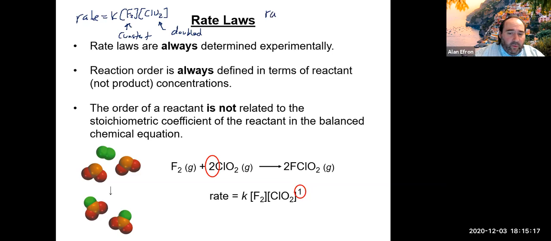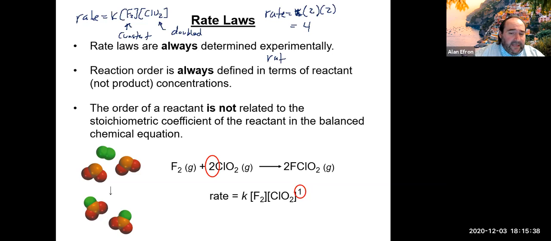So let's say originally the rate is equal to k, and the original concentration was 2 for this one and 2 for this one. Since k is a constant, we're going to ignore it because it's always going to be multiplied by the same number. And obviously we would get the rate equal to 4.